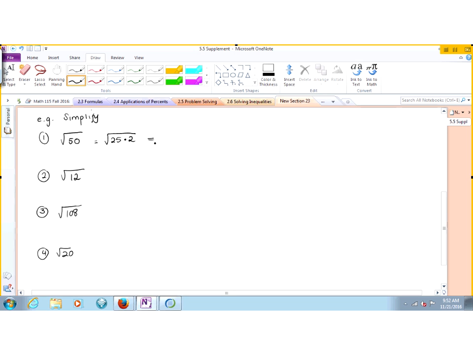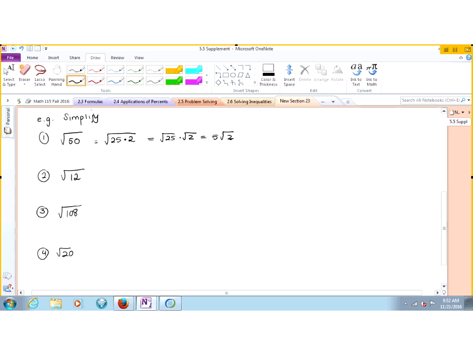Yes. So 50 is 25 times 2. Or I could write it like this: the square root of 25 times the square root of 2. What is the square root of 25? 5. So this is 5 square root of 2.